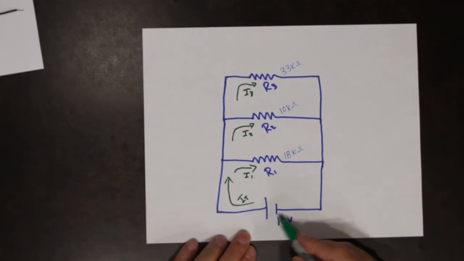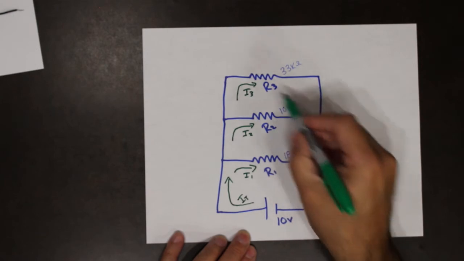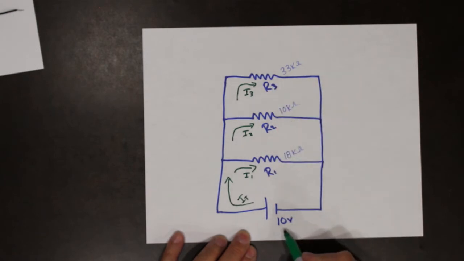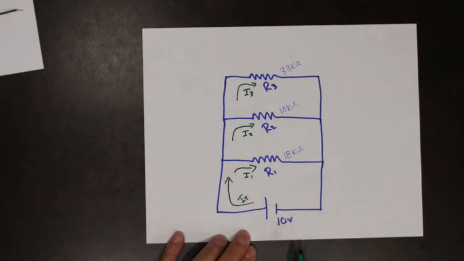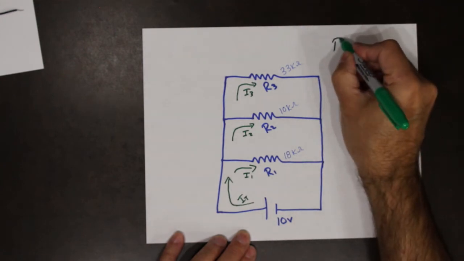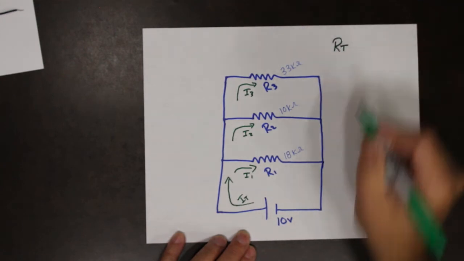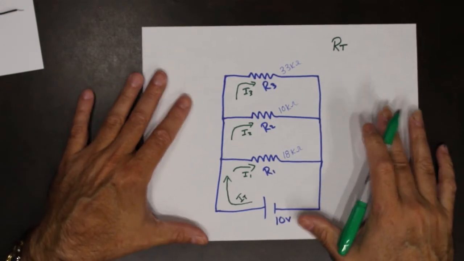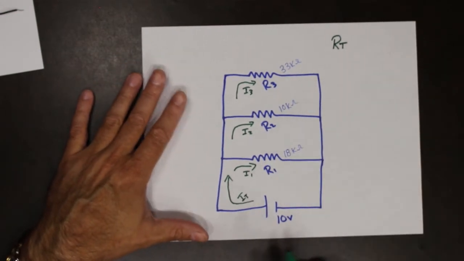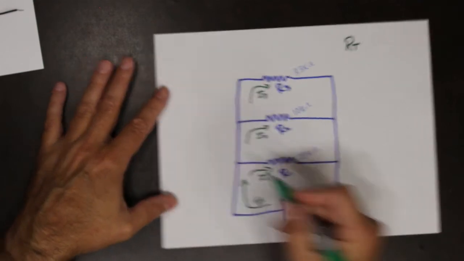We know that the voltage across all of those resistors is going to be 10 volts. That's a given. We know the individual values of resistors, but what we don't know is our total. So all the things that we don't know for this circuit, I'm going to put on this side. All the things we do know, I'm going to put on this side.